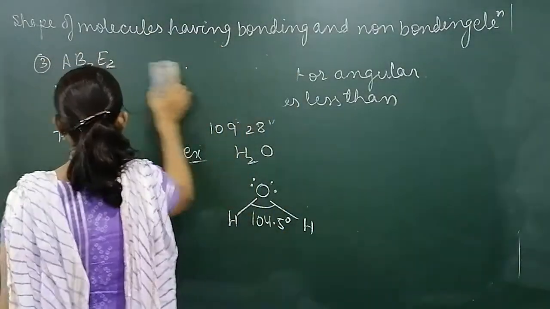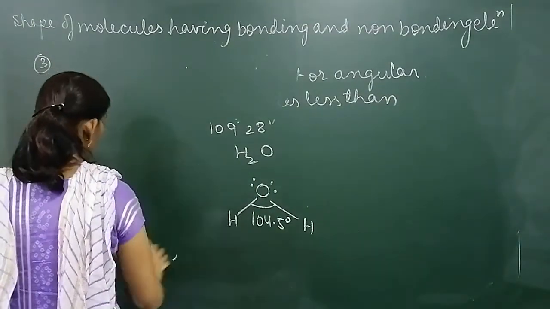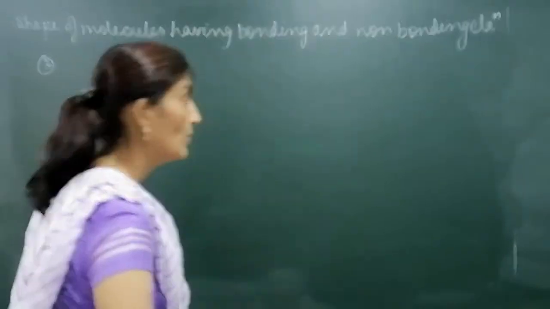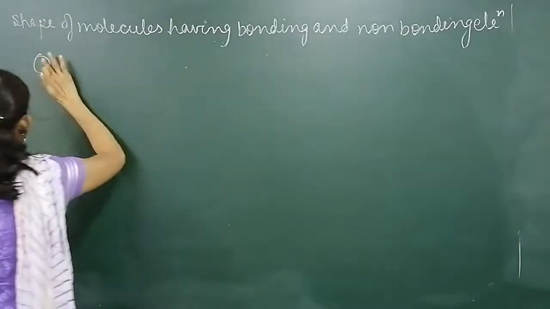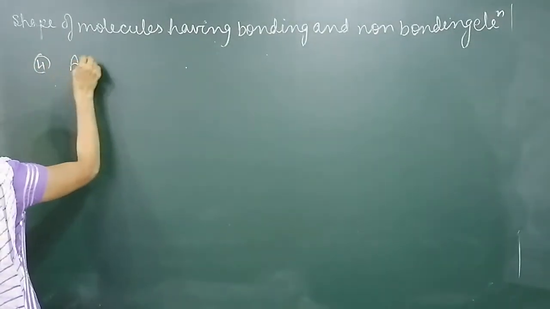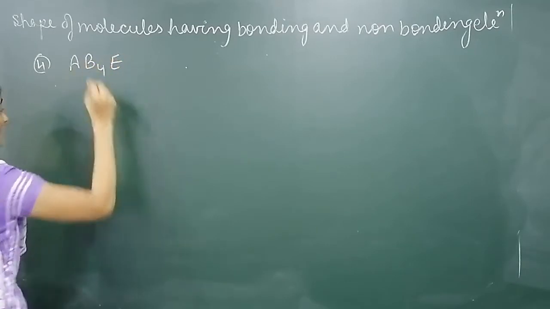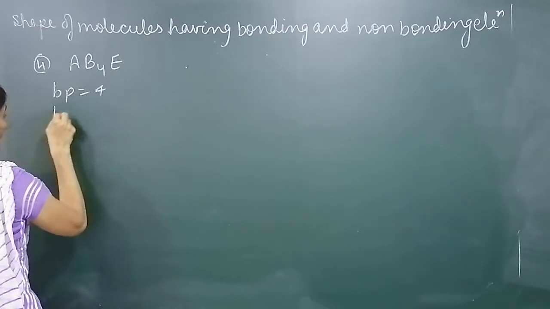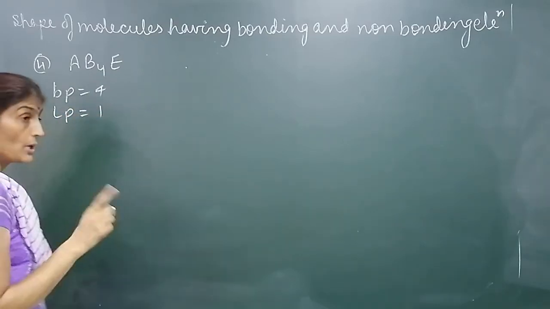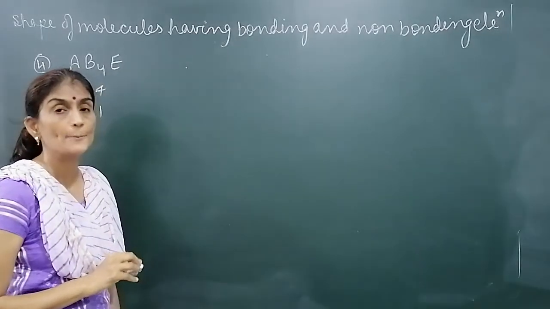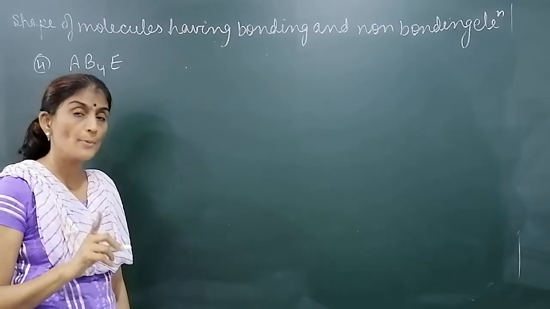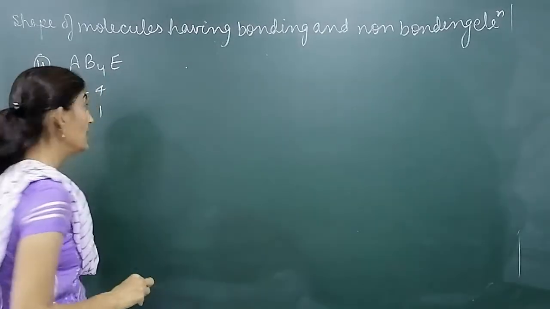Next, fourth type of molecule. Fourth type of molecule is AB4E. Now there are 4 bonding pair, 1 lone pair around central atom, means total 5 electron pairs are there. If there are 5 electron pairs around central atom, then geometry must be trigonal bipyramidal.